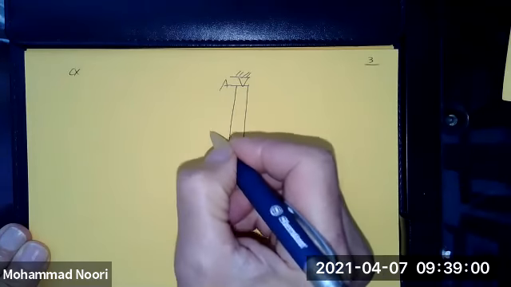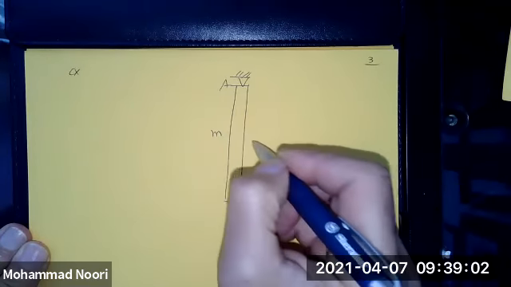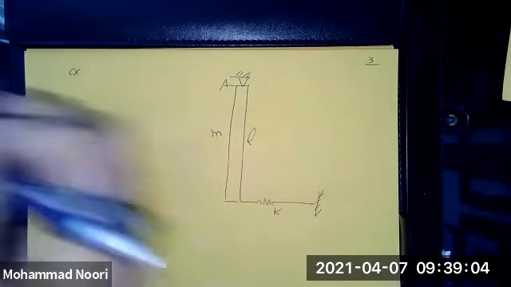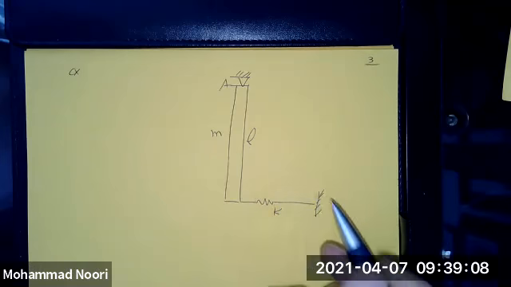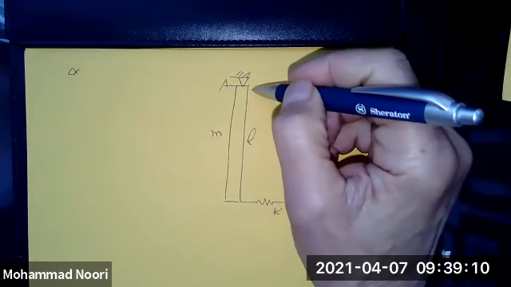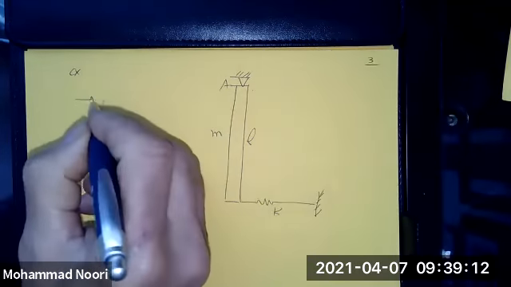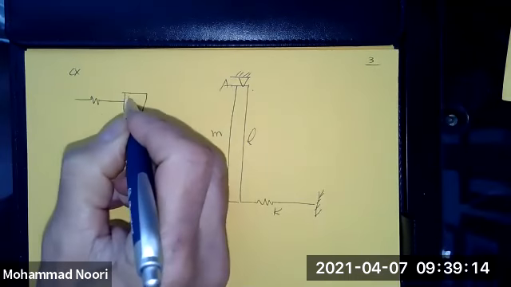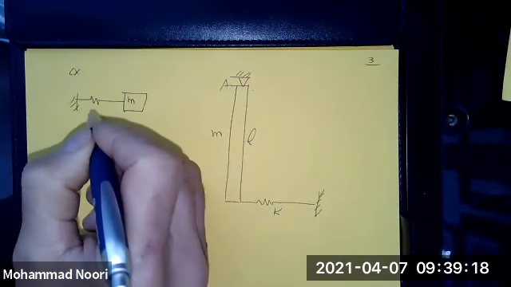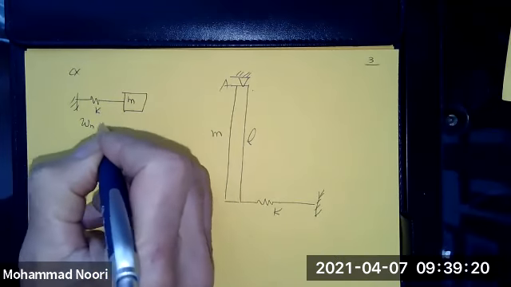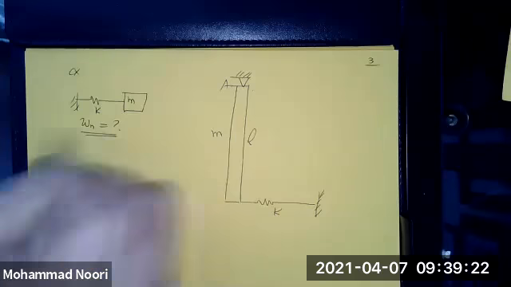The bar has a mass of m and a length of L and is like a pendulum, oscillates like this, and you want to find the equations of equilibrium or set up again this model for this structure so you can find the natural frequency.